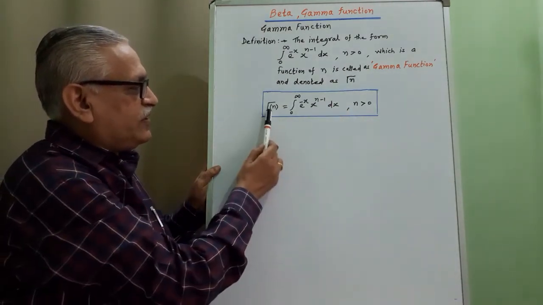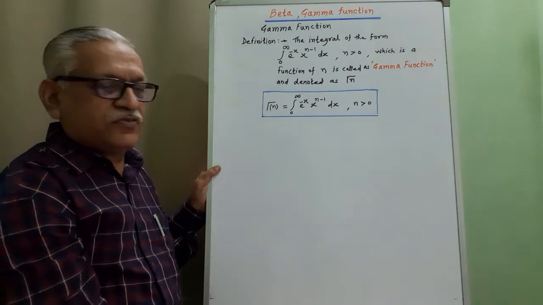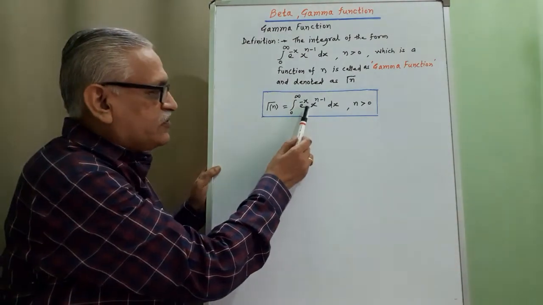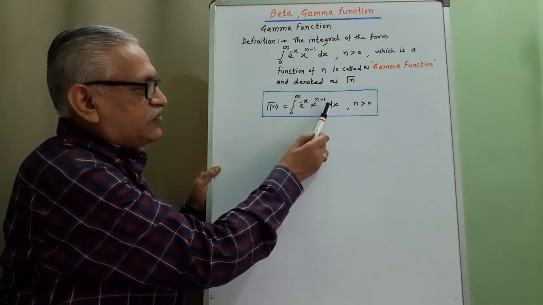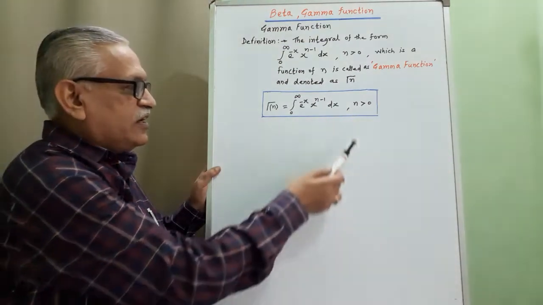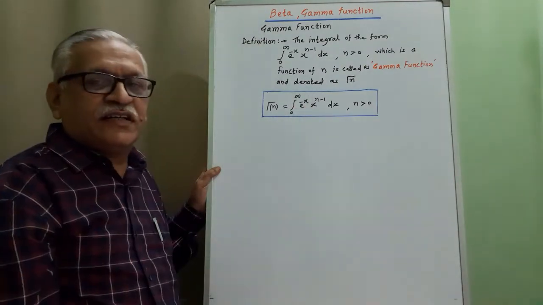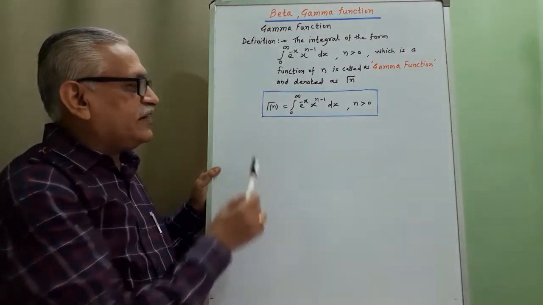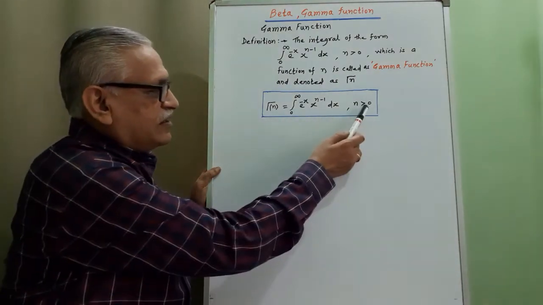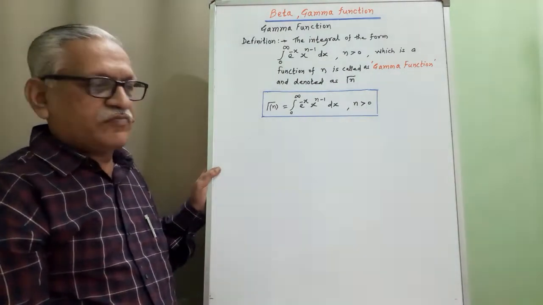We define gamma of n equals integration from 0 to infinity of e raised to minus x, x raised to n minus 1 with respect to x, with the condition n greater than 0. If we have this type of definite integral, then it is called a gamma function. The condition is n must be positive.